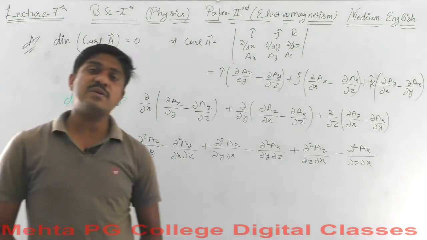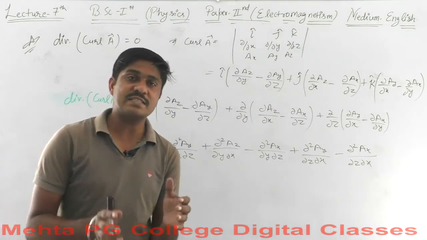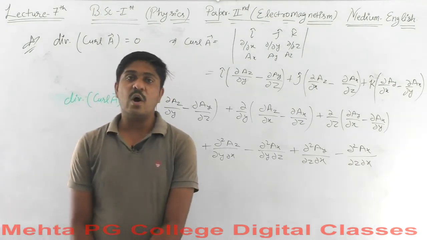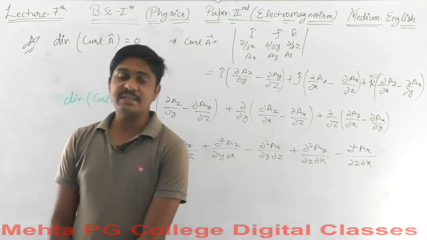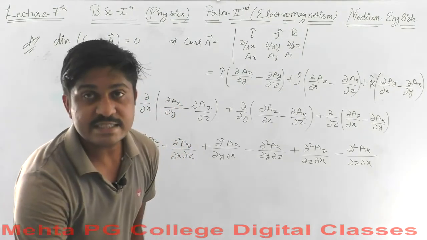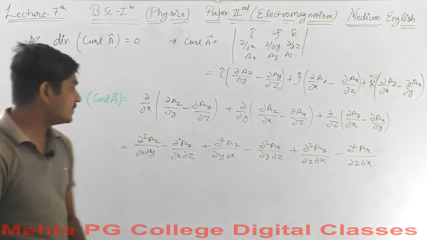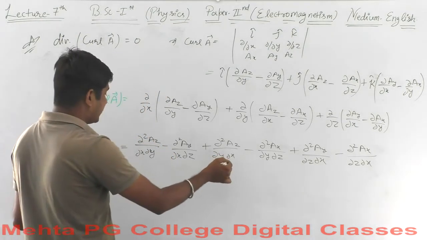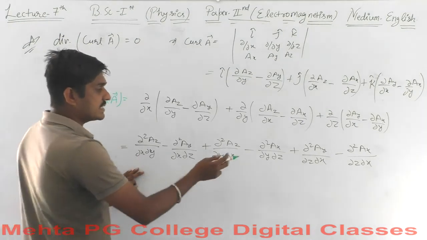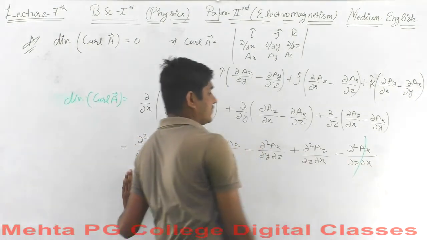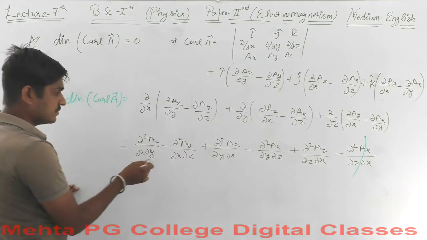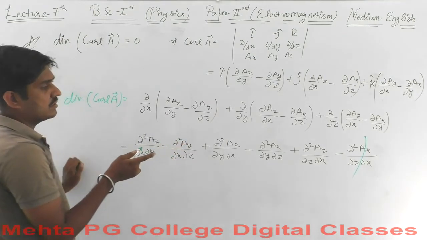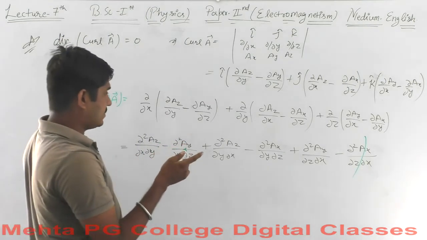So we will cancel out the terms which are similar in magnitude but opposite in sign. So let's see which quantities will approach 0. This one, let's find out where this quantity is. It is here, sorry, not here, but it is here. We can cancel ∂²ax.